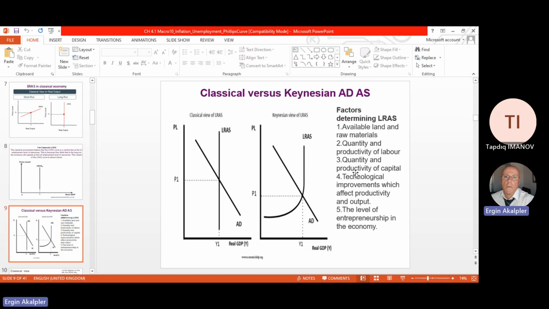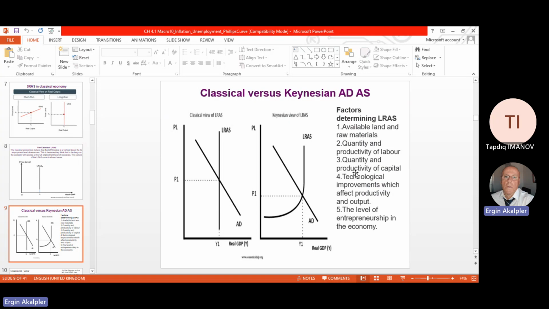When we are looking to the comparison between the classical and the Keynesian views, since the long run aggregate supply curve is not affected by price changes, the aggregate demand curve is what is affected and changed in the long run. In the Keynesian approach, there are some short-run effects where the price is supposed to be fixed and stable.